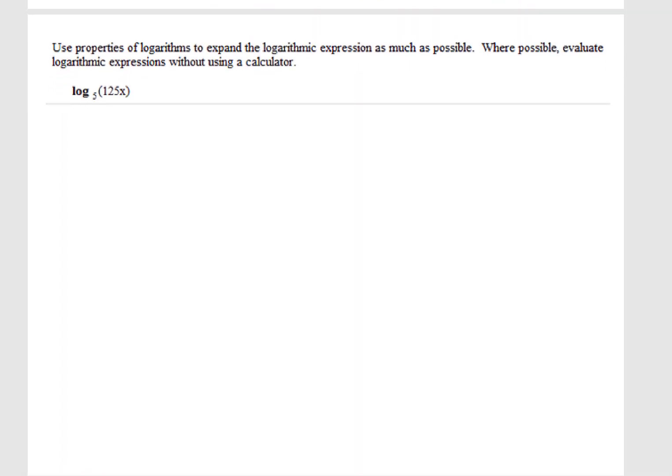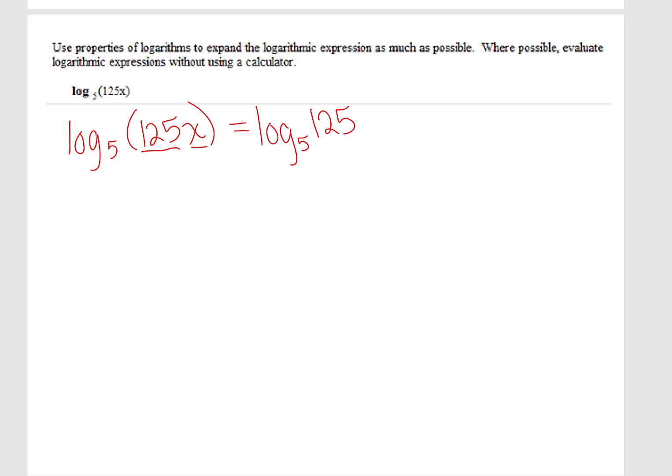Okay, so same thing here, except now we have log base 5. And write this a little bit bigger first. Okay, so let's go ahead and expand it. Here's my two factors. Log base 5 of 125 plus log base 5 of x.